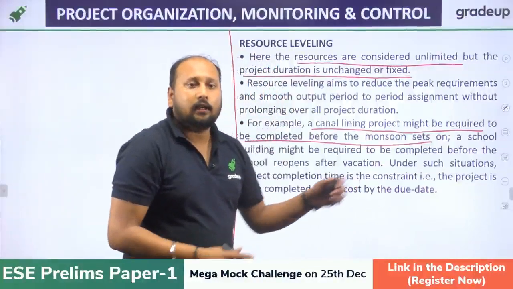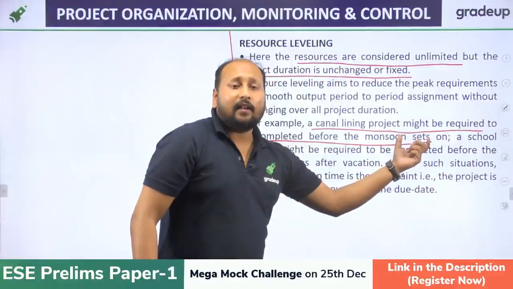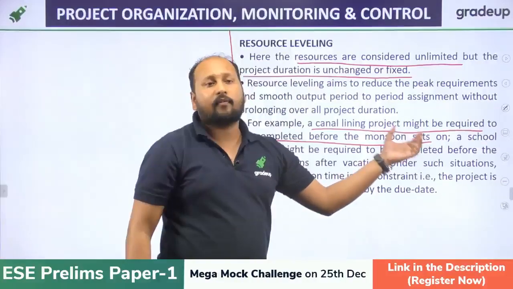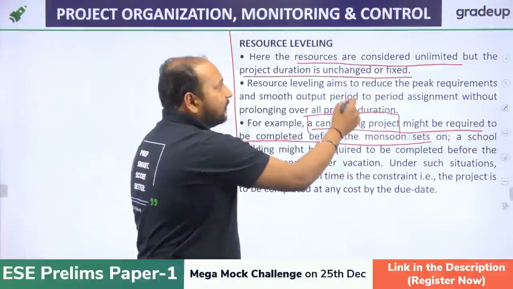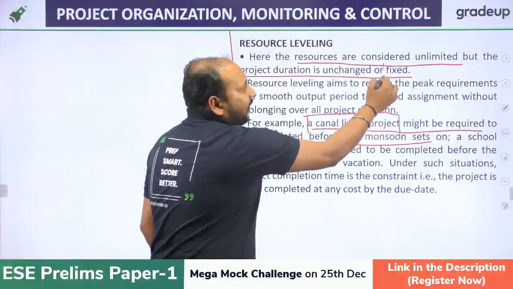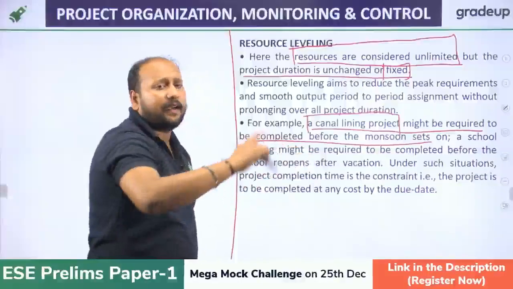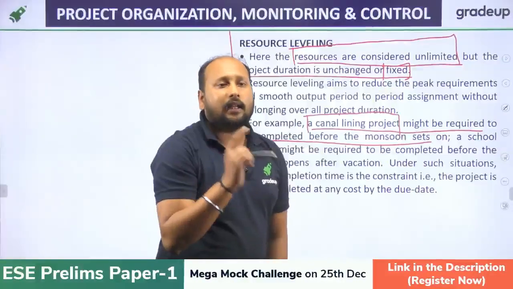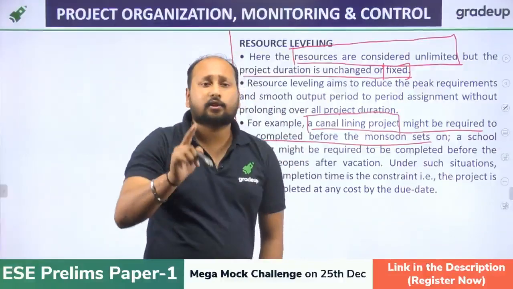In this case, you have a fixed time. You need to complete your project before the monsoon starts, because after the monsoon starts, you cannot do this canal lining. So your project duration is fixed, but the resources which you can use are unlimited. That means you can spend as many resources as you can in order to cut short your time and complete your project in the scheduled time.